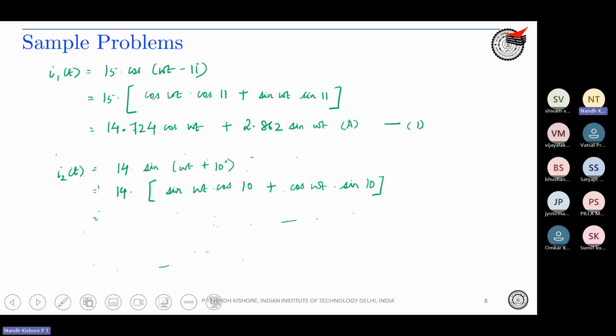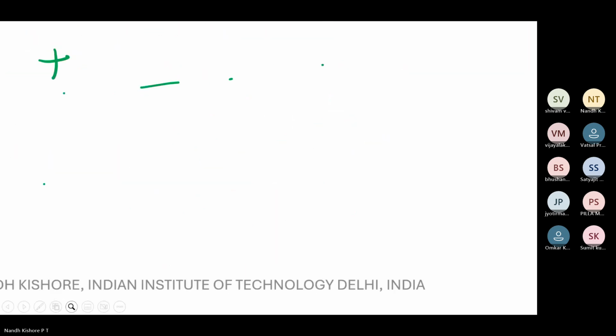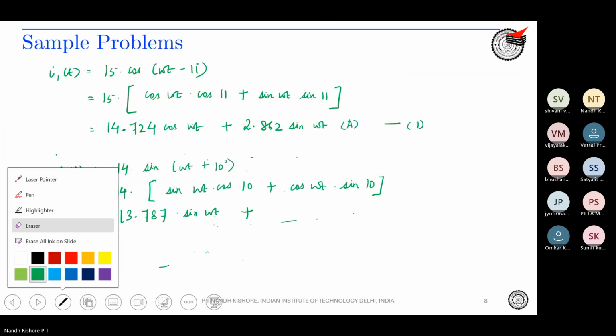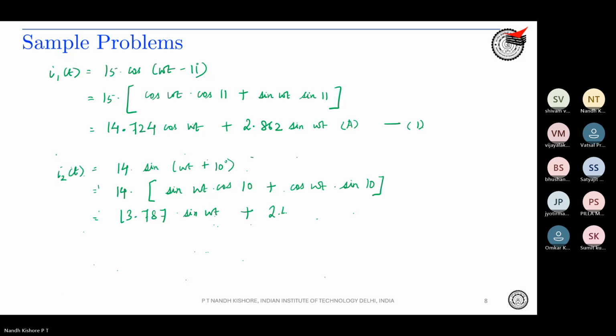So your constant turns out to be 0.984 into 14, which is 13.787 sin omega t, and sin 10 into 14 is 2.431 cos omega t.